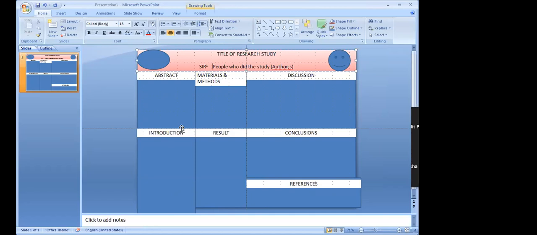That is all you need to put in the introduction. As compared to the abstract, the introduction may have 100 words more.